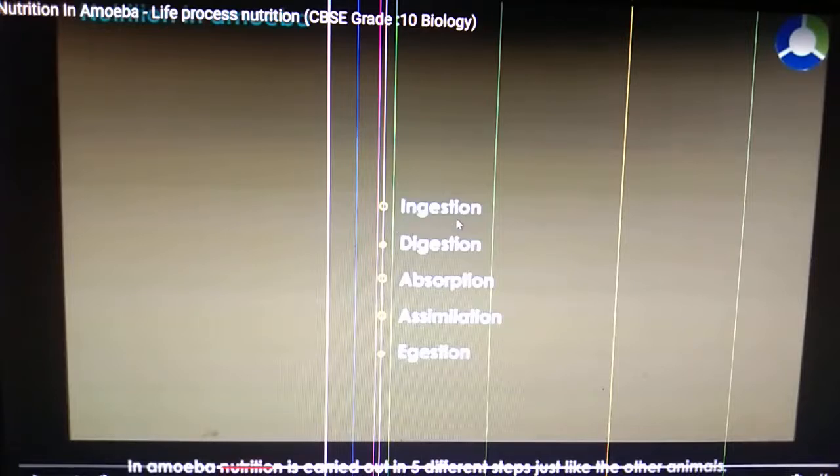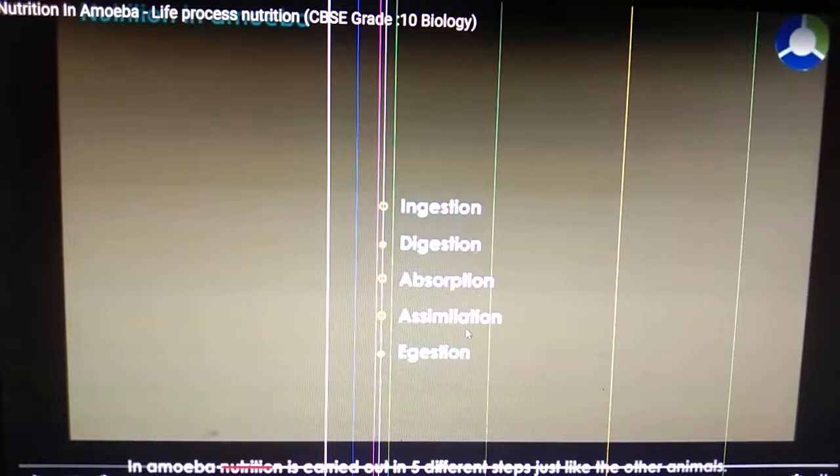Digestion, it breaks down. Absorption, whatever required thing is extracted from the food, it is absorbed inside the cell. Assimilation means derivation of energy, and after that, whatever unnecessary or waste material is left is thrown out of the body through the process of egestion.